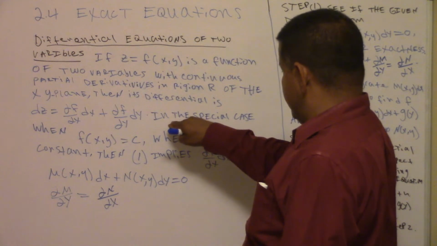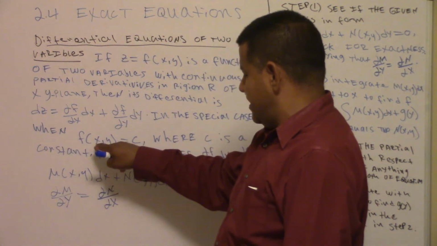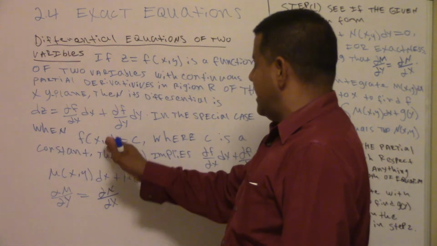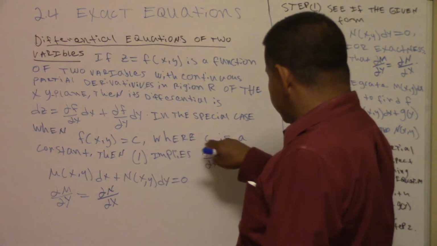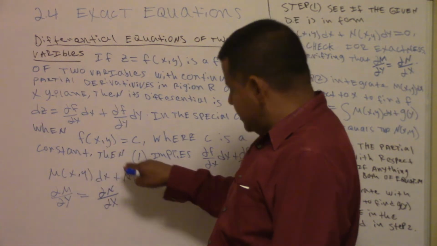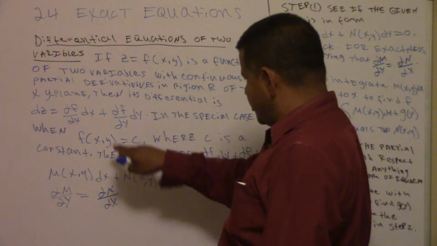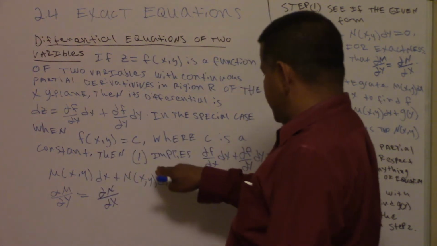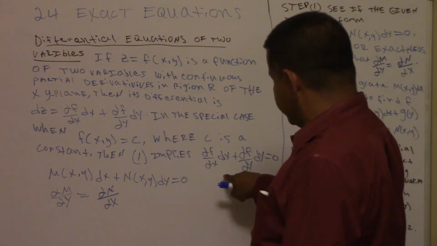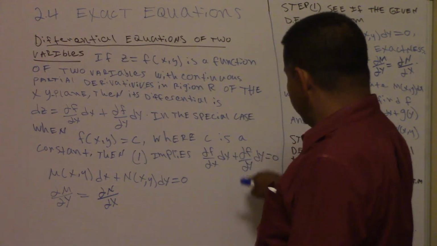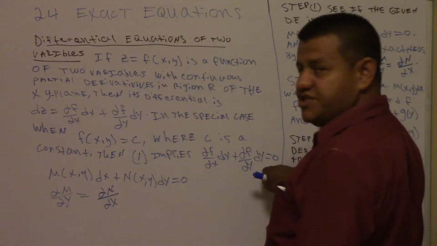Now, in the special case when the function f depending on x and y equals a constant, then equation 1, which is this one right here, implies that partial f over partial x dx plus partial f partial y dy equals 0, okay?